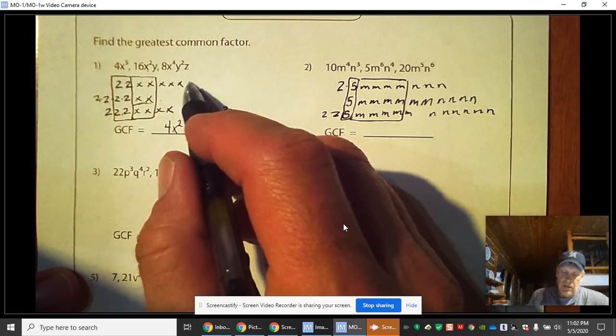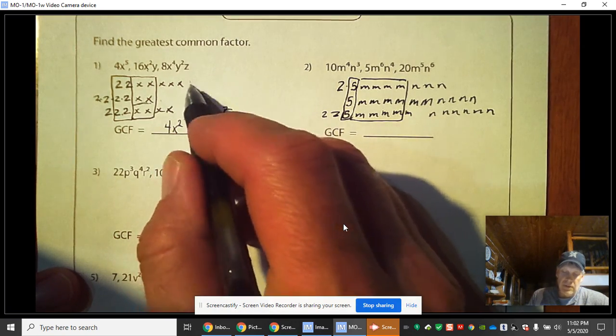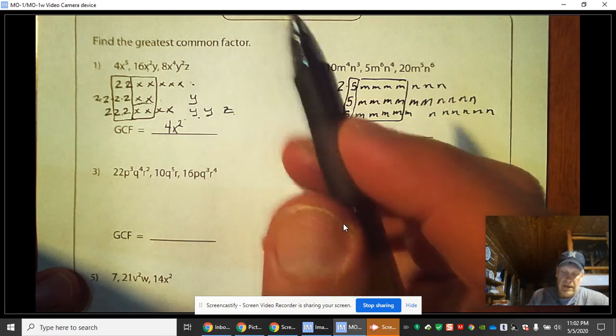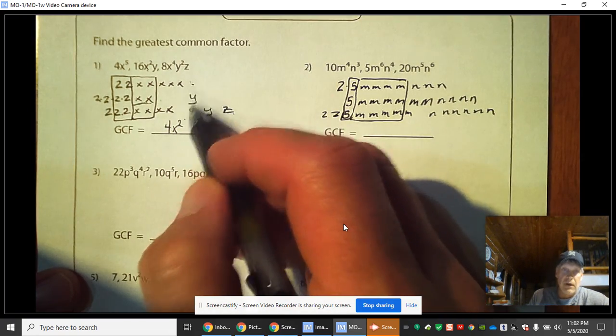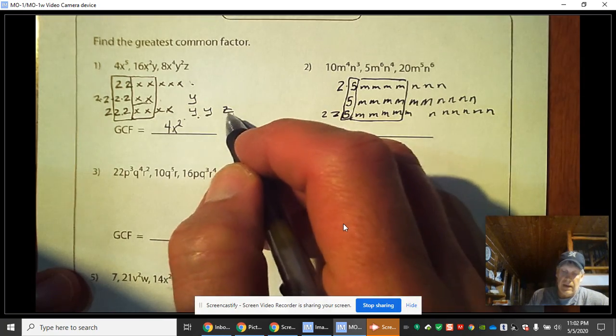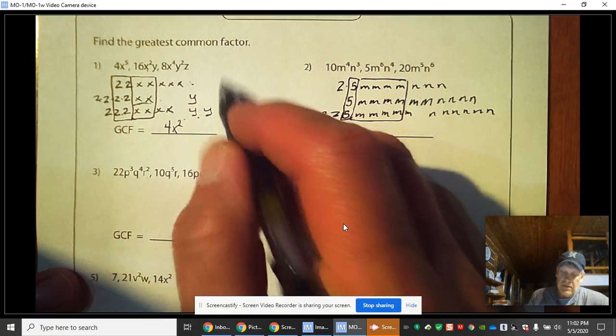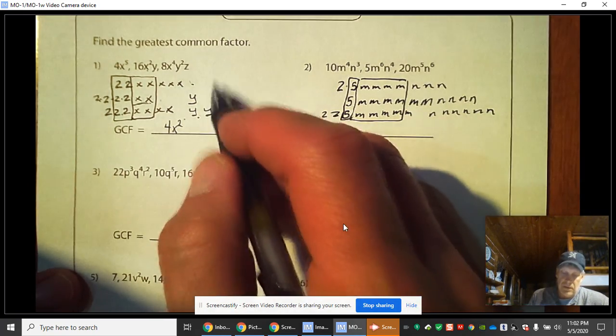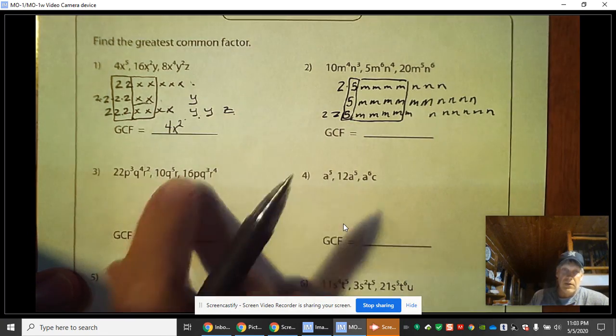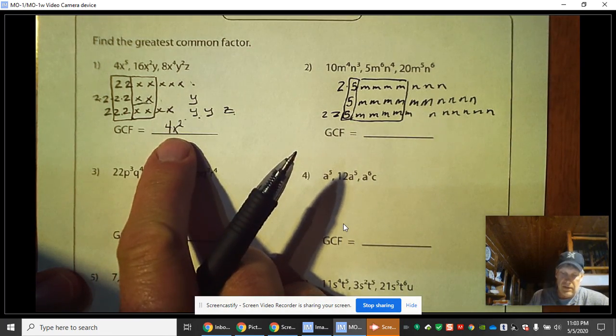And then if I look, I got y's in these two. I don't have a y in here. So I can't take it out because it has to be common for all of them. So I can't take a y. And I can't take out a z because these two don't have z's. So I can't take it out. So that's your answer. That's the biggest you can take out of all 3 of those.